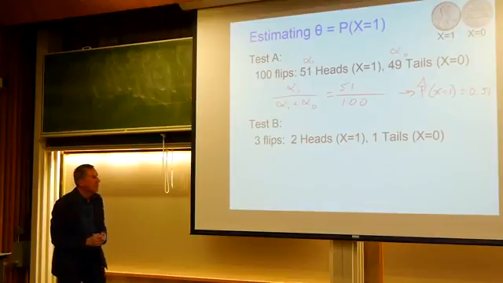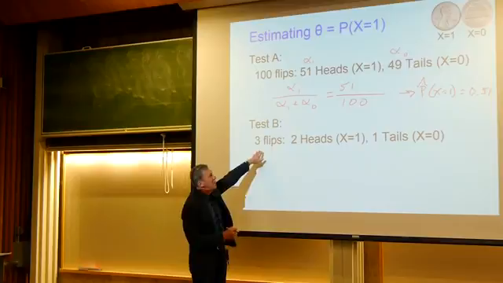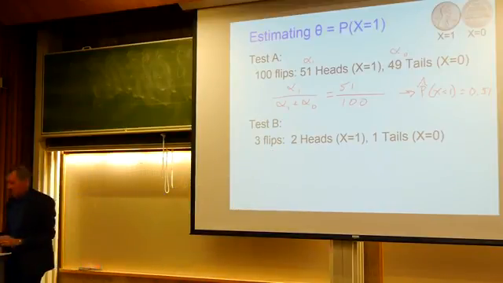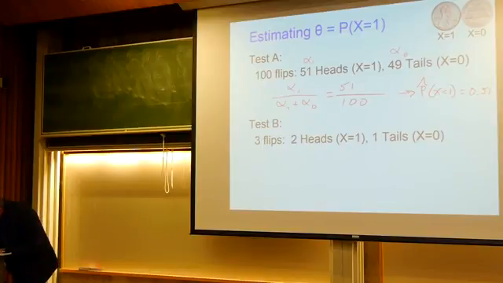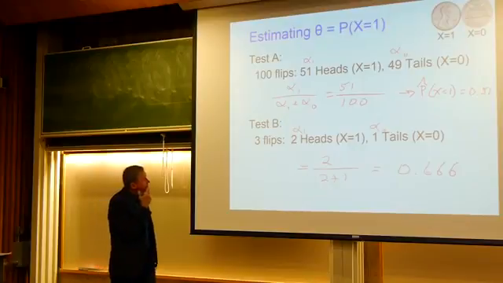Okay? Happy? All right, now in elevator ride B, much shorter elevator ride, we flip the coin 3 times. And this very same algorithm will give us 2 heads, alpha 1 is 2, alpha 0 is 1, 2 over 2 plus 1, 0.6666. Okay. All right.